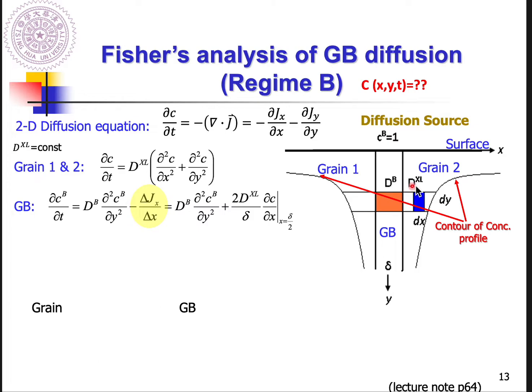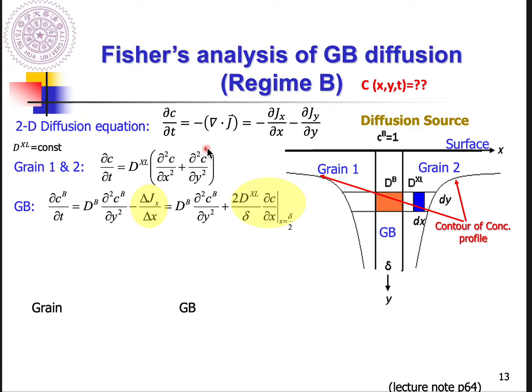The flux going into grain 2 will be the same as that going into grain 1, so we use 2 times the flux part. Also, delta x is actually the thickness of the grain boundary, so we use delta. So we use this to substitute this term.